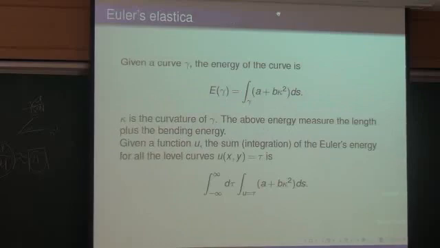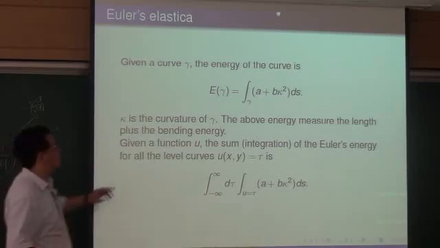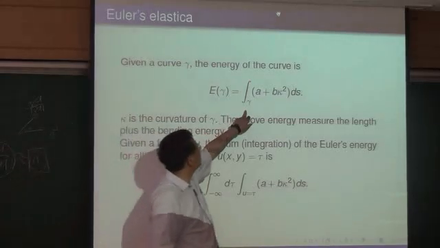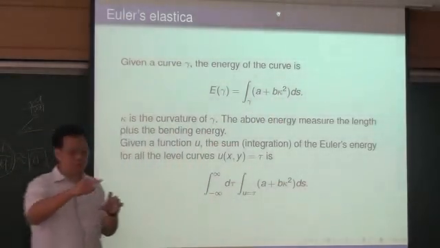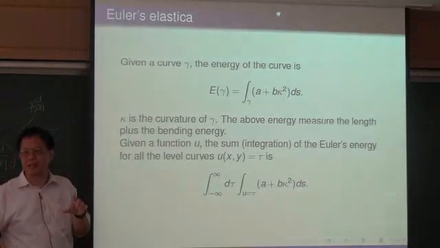There's another thing, the so-called elasticas. I think this is very difficult to compute, but nowadays you can compute it very, very quickly. The elastica is essentially for a 2D curve. Assuming k is the curvature, curvature measures how quickly a curve is turning, right?